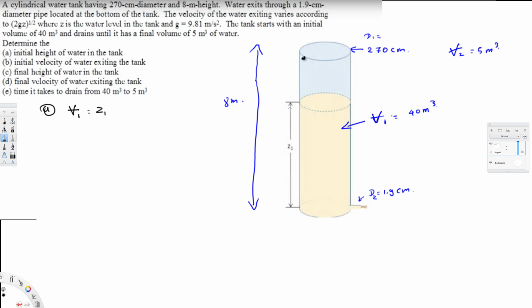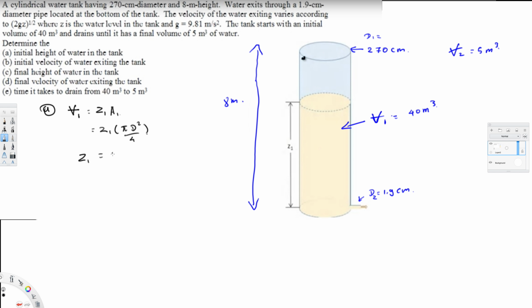The circle's area times the height gives this volume. So V1 is equal to Z1 times the area, and since this is a circle, with the diameter right here, the area is going to be pi D squared by 4.